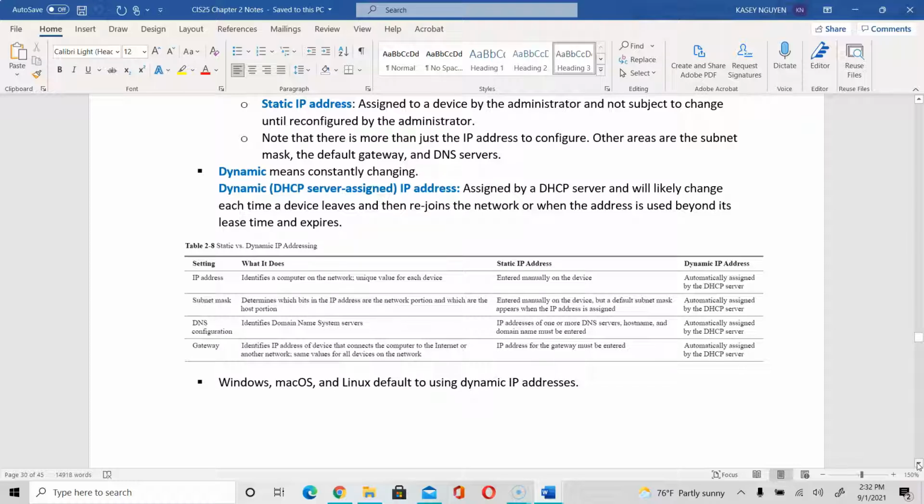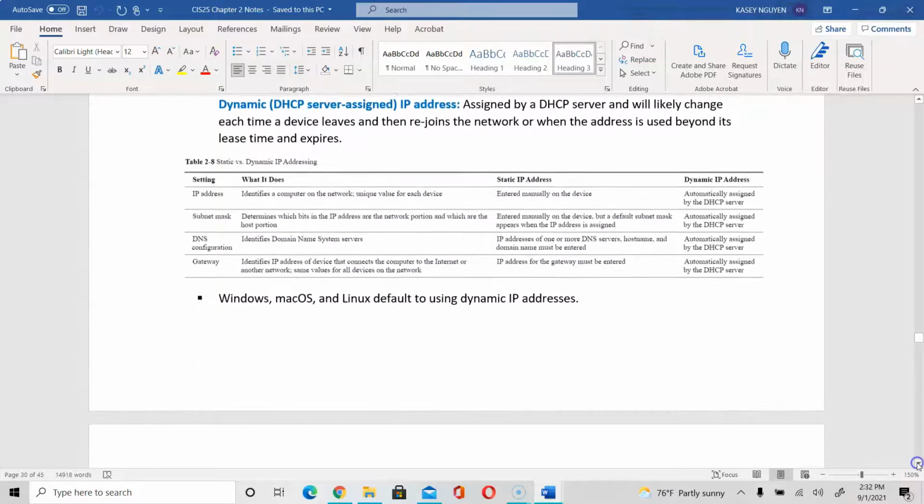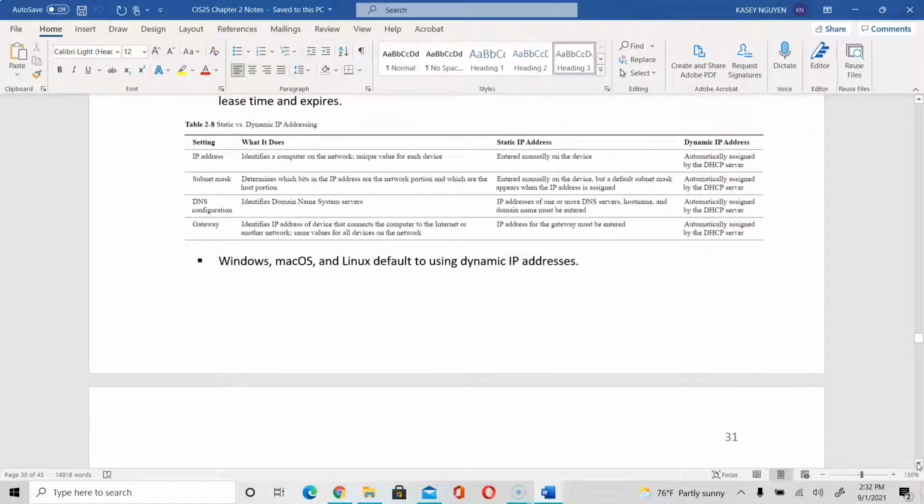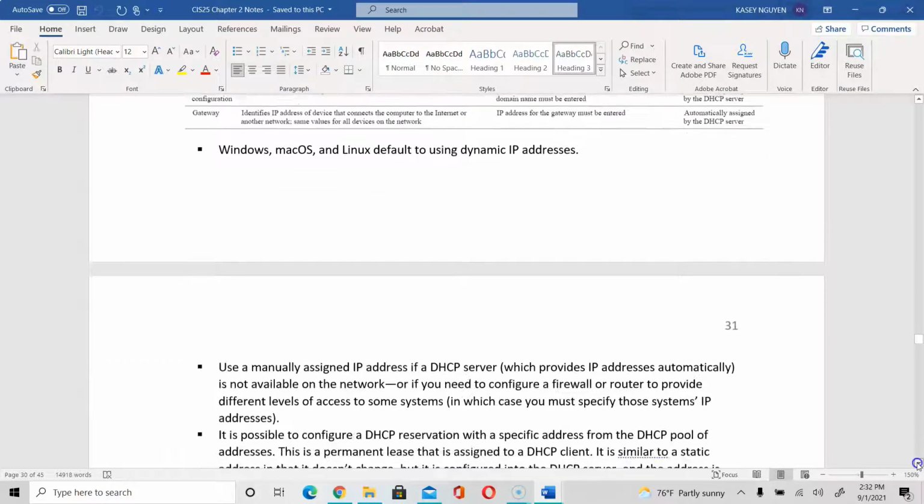DNS configuration identifies the domain name servers that system is connected to. And gateway is a way to identify the computer or the router or the appliance that belongs to a certain type of network. So the gateway is usually a router because it is how we can go from one network to another, hence the name gateway.